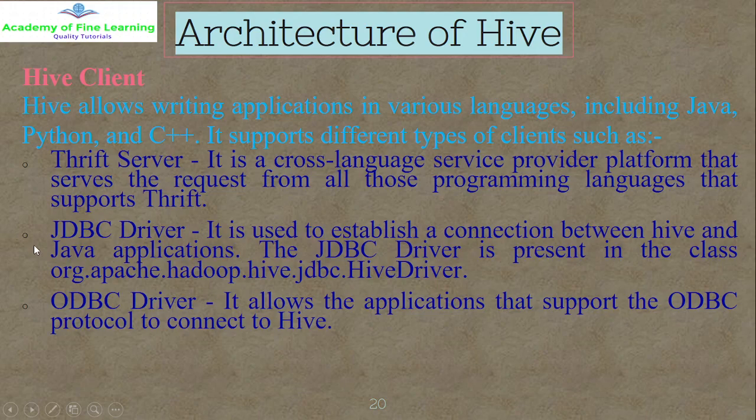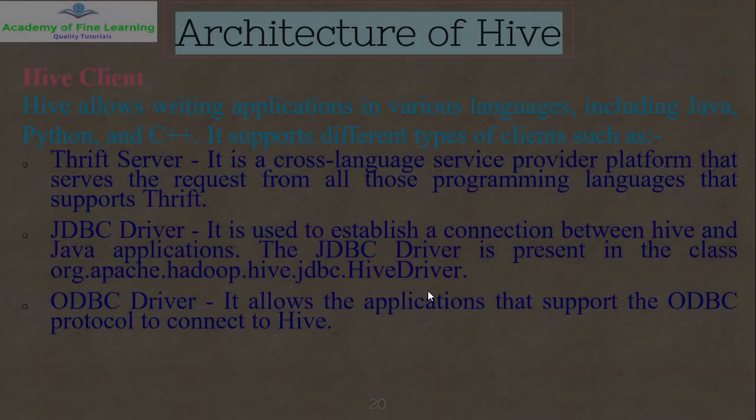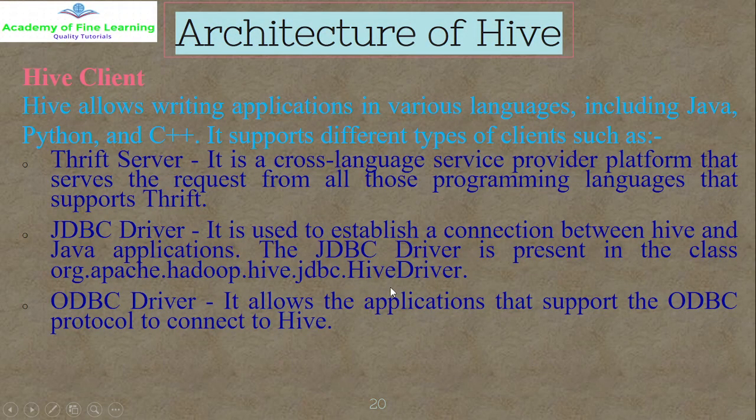Now the JDBC driver is used to establish a connection between Hive and a Java application. JDBC, Java driver, right? It is in the org.apache.hadoop.hive.jdbc HiveDriver class. ODBC is for any application which follows the ODBC protocol, Open Database Connectivity Protocol.